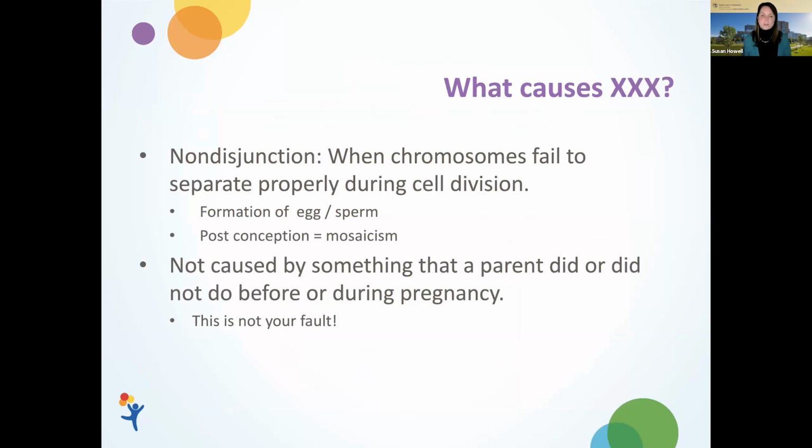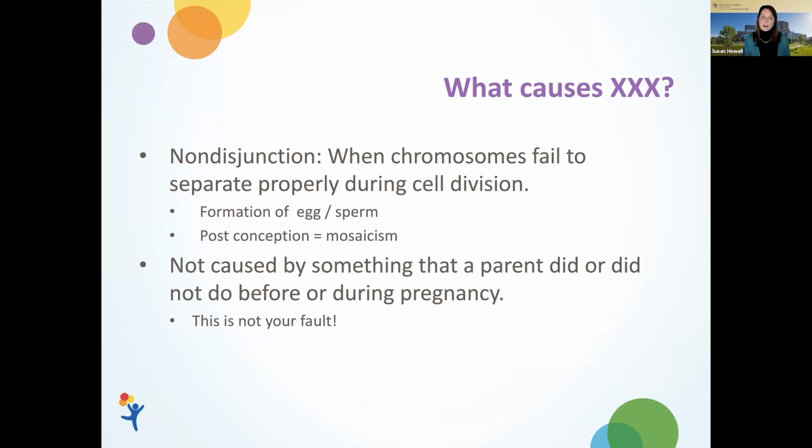So the natural question is, how did this happen? What caused trisomy X? This occurs due to a process called non-disjunction. Cells divide either in the formation of the egg or the sperm, or after conception, when a single cell goes on to divide and grow into the placenta or the developing fetus.